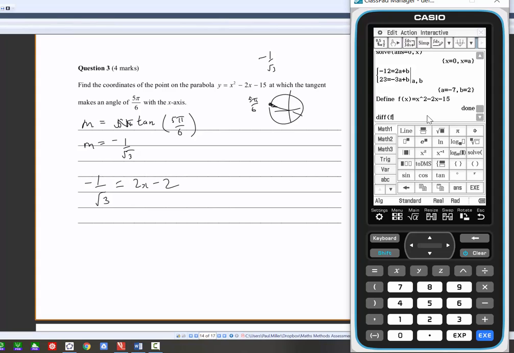Let's do a diff, solve it. So when is the derivative function, which is this, equal to -1 on √3? What value of x? That one.